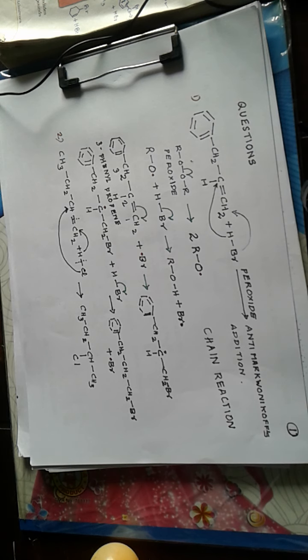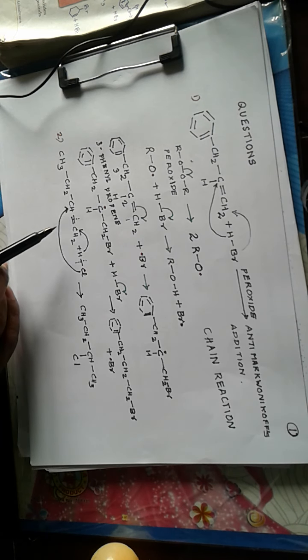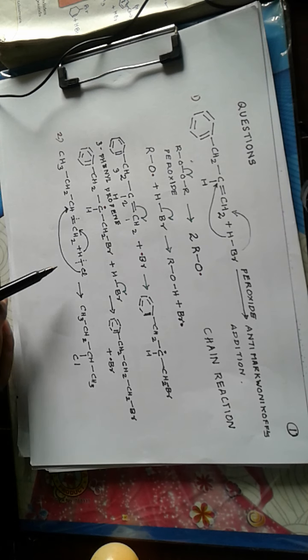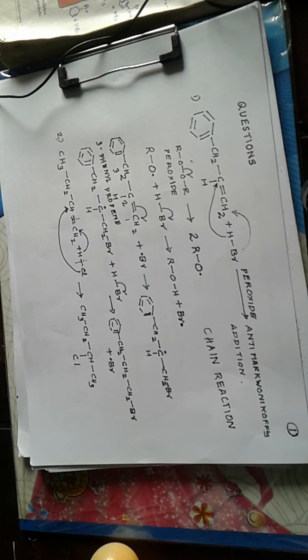Now then another example, it is simple and there is no peroxide, so the addition is according to Markovnikov's rule.